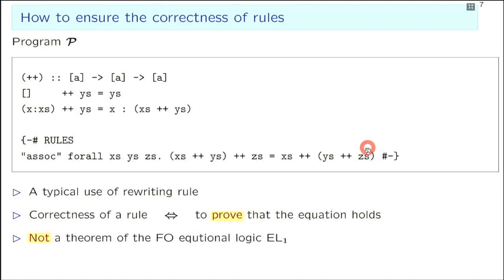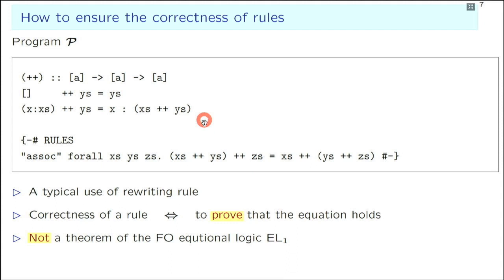So next, let's consider another example. This is a well-known append function, and this involves one rewrite rule for associativity of append. This is one of the typical uses of rewrite rules, coming from a natural property of a data type.